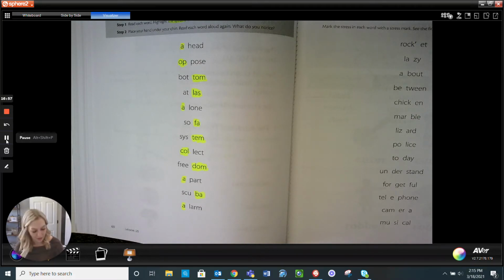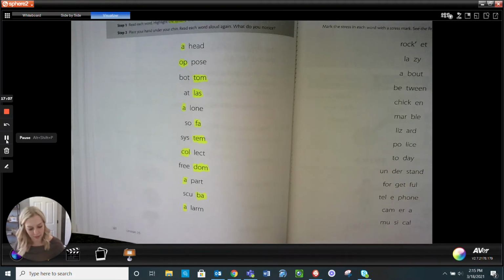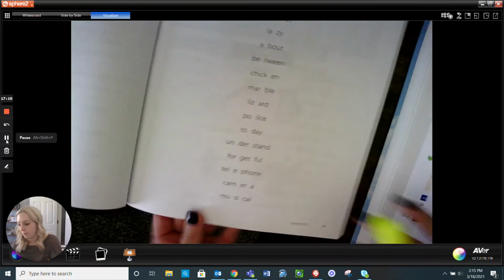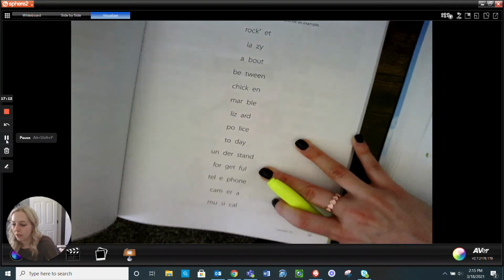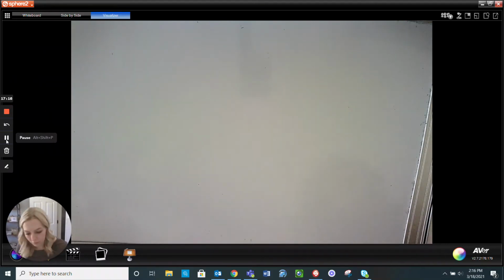That is needed because every syllable must have a written vowel. I will write a word. I want you to read it and then tell me which syllable is stressed. I'm going to get out my whiteboard to do so. All right.